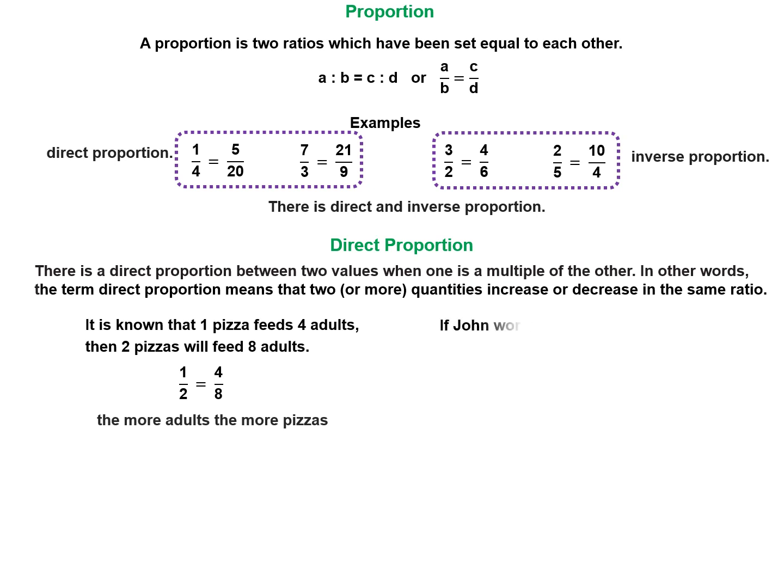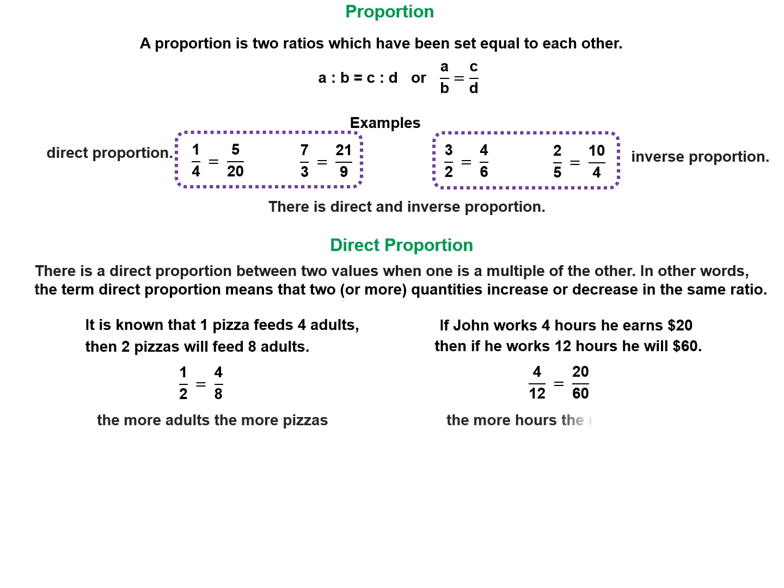If John works 4 hours, he earns $20. Then, if he works 12 hours, he will earn $60. The more hours, the more he earns.